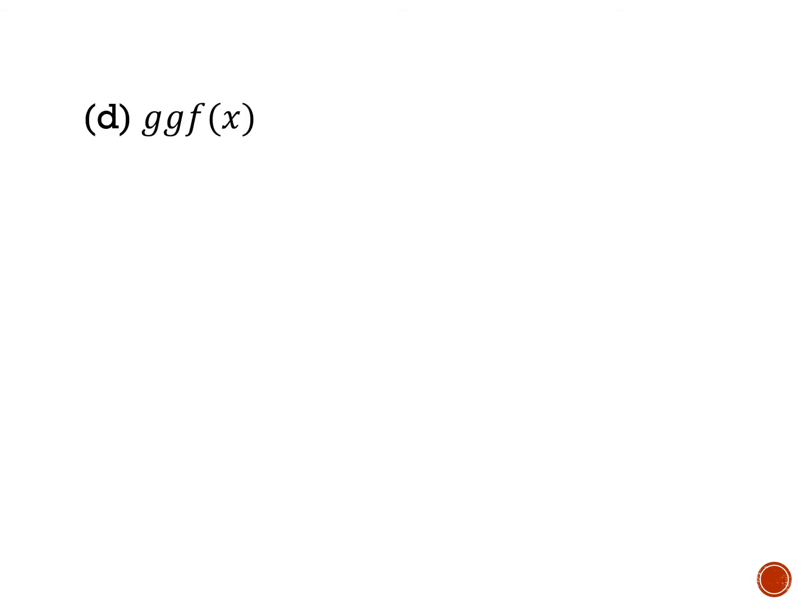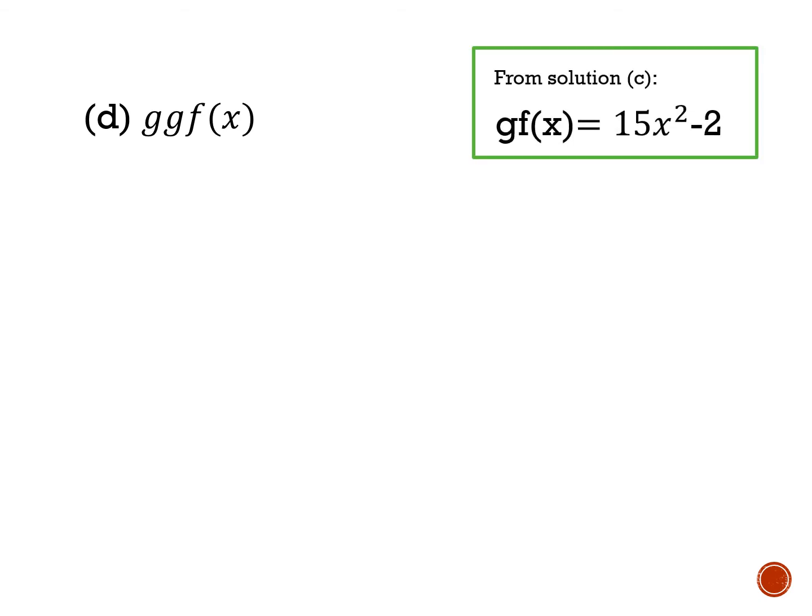For question D, the question asks to find g(g(f(x))). From question C, we found g(f(x)) is 15x squared minus 2. So g(g(f(x))) means g(15x squared minus 2).